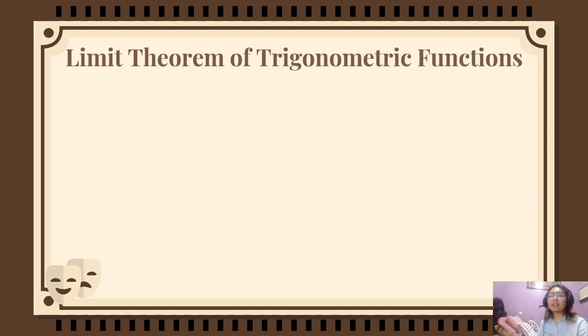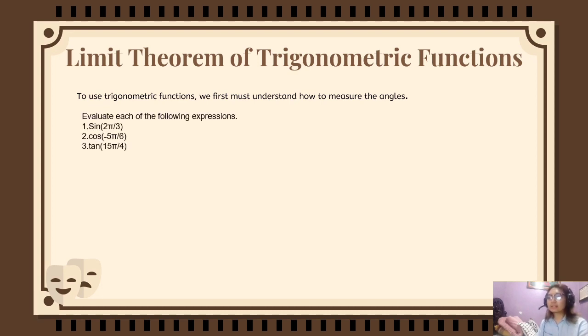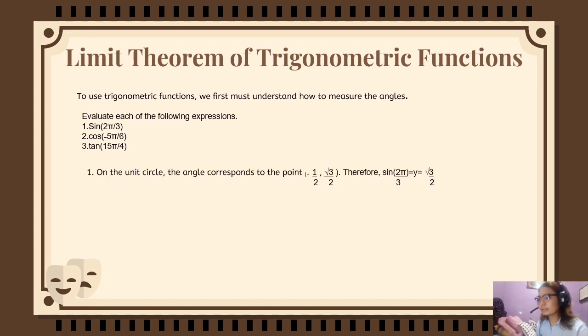So, limit theorem of trigonometric functions. To use trigonometric functions, we first must understand how to measure angles. Evaluate each of the following expressions: sin 2 pi all over 3, cosine negative 5 pi all over 6, and tan 15 pi all over 4.